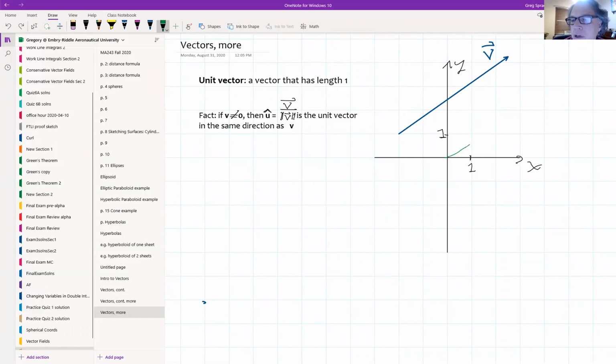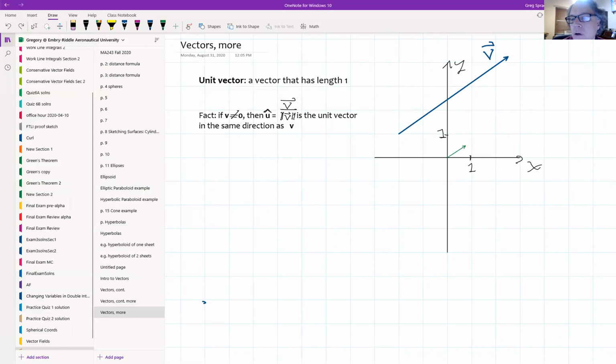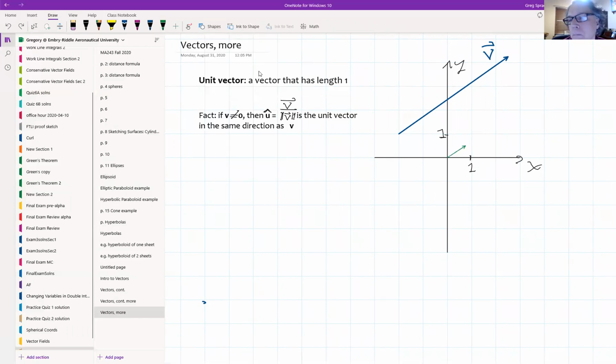I'm going to have to eyeball this and try to make it 1 unit long and parallel to V. That's too long. One more time. Pretty good. Okay, so you might look something like that.